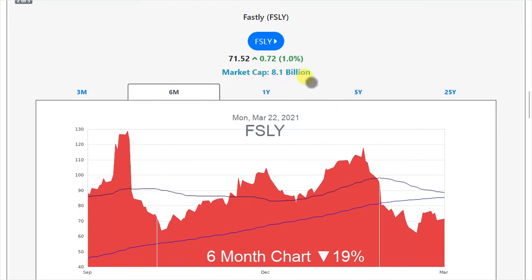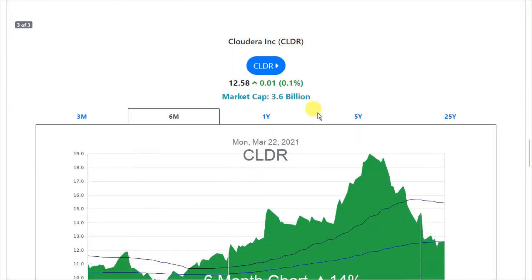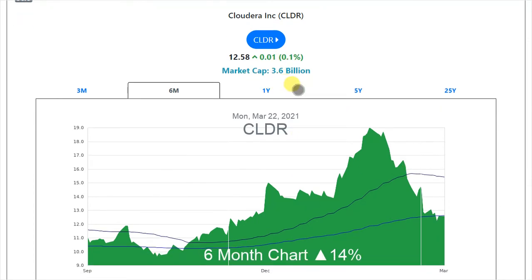Fastly's at 8 billion and Cloudera is at 4 billion. Because Cloudera is so much smaller, if they double in size, from 4 billion to 8 billion, the stock price doubles. It goes from 12 to 24.